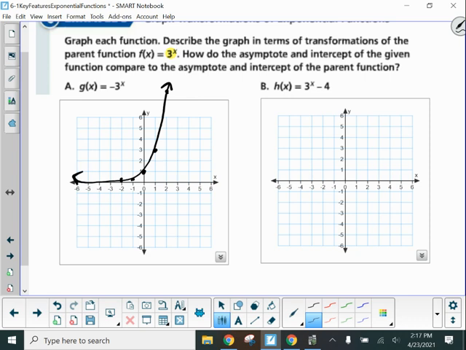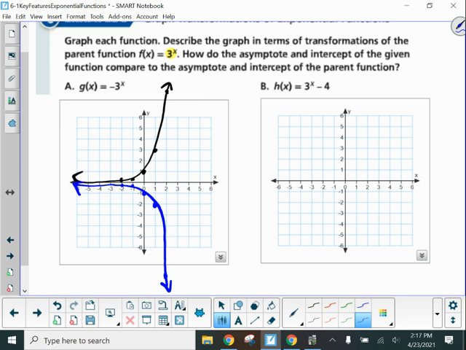Now, if I take that same thing and I multiply by a negative, I'm going to have all the same x values, but the y values are going to be opposite. So this is going to be down at negative 1. That's at negative 2. That's down here at negative 9. That's negative 1/3, negative 1/9. So everything is going to look like this.